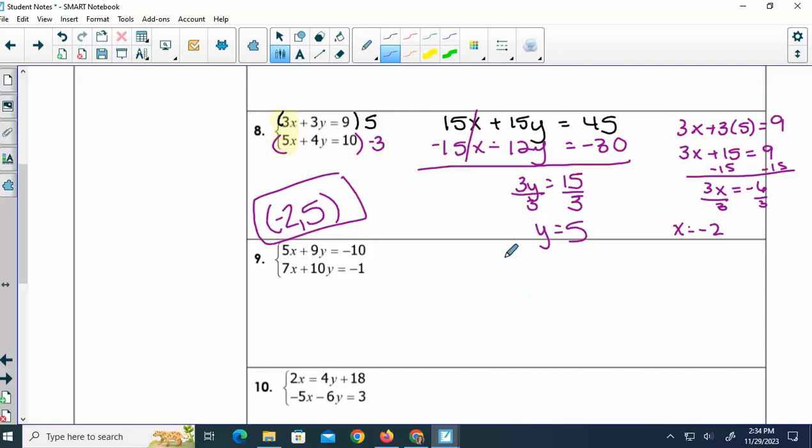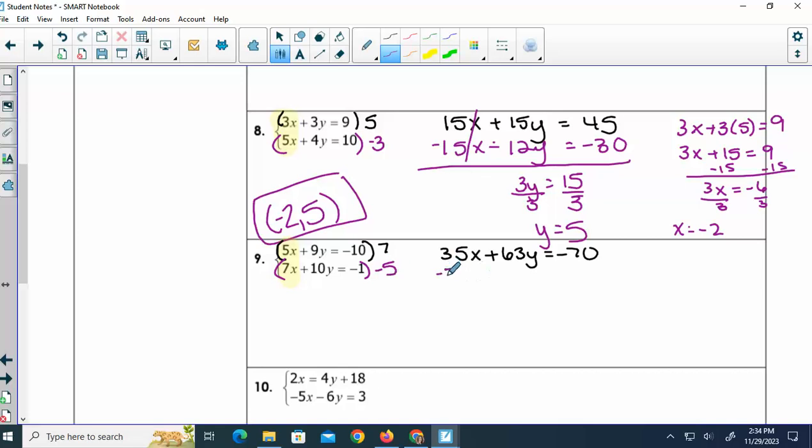So what do you guys think? Which variable do you want to cancel? X works. So would you multiply the first one by? If you were canceling y, you would multiply it by 10. Either one is fine. So we're going to get 35x plus 63y equals negative 70. And then what do we multiply the second one by? Negative 5.